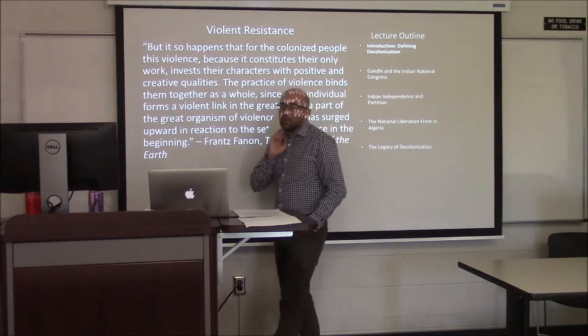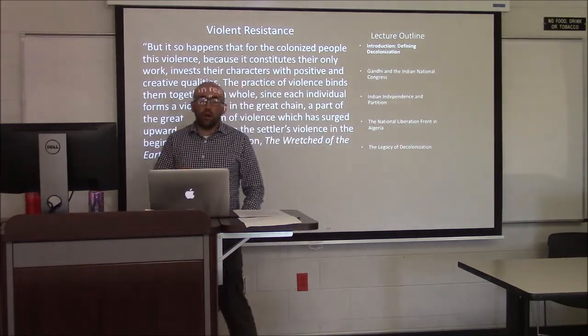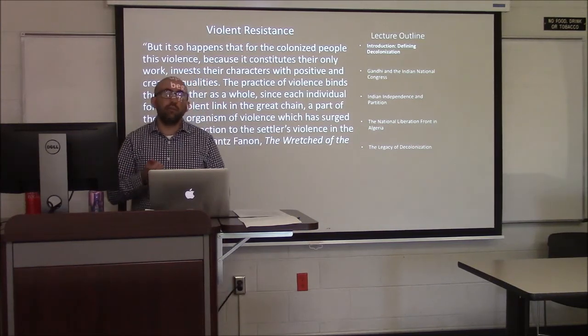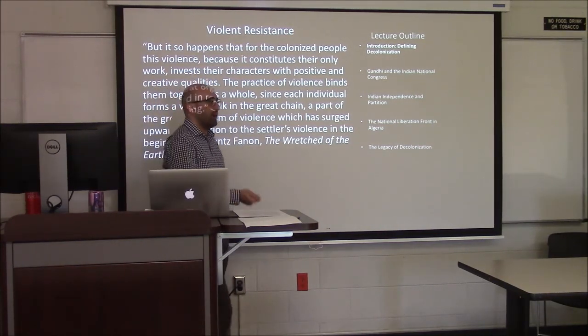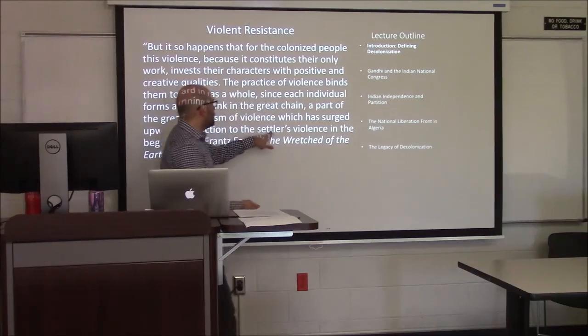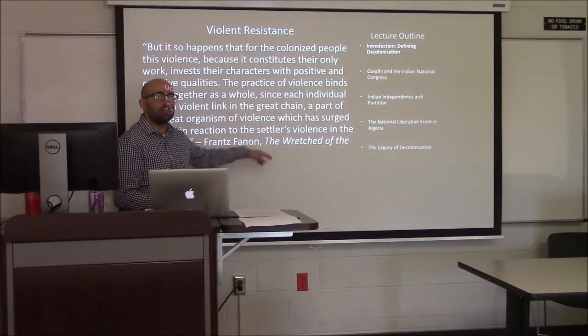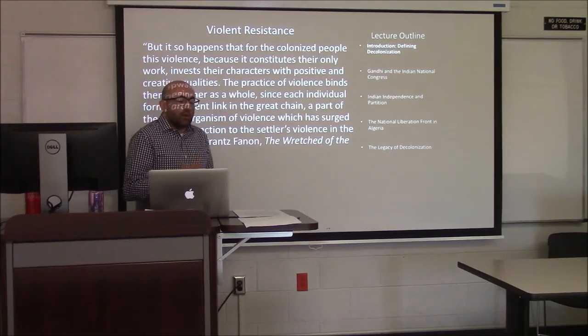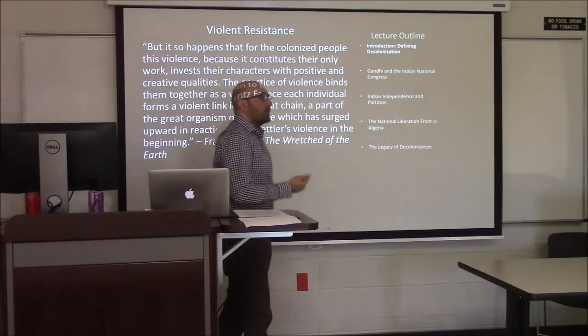Fanon argues that imperialism, colonization, by definition, is a violent act. And the only response to that violent act, the only response to, in particular, the settlers' violence, is violence in turn. Fanon, therefore, has the same goal as Gandhi.